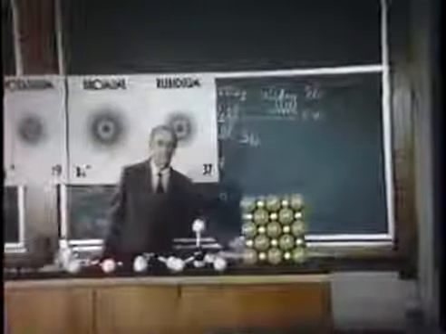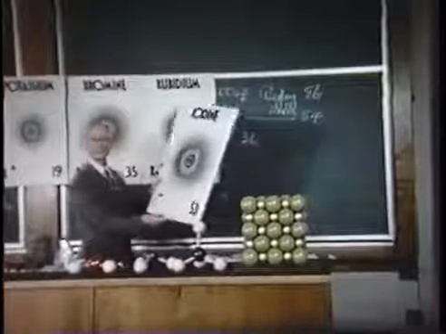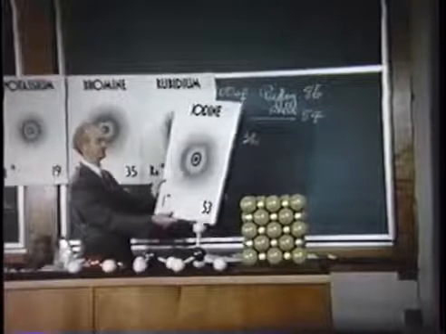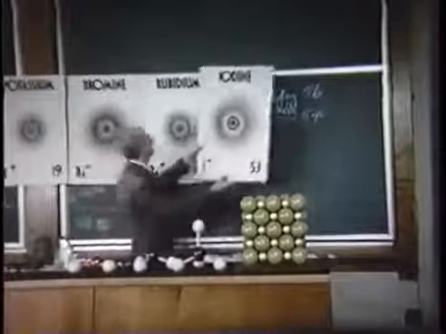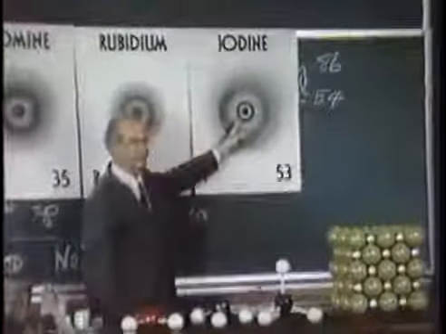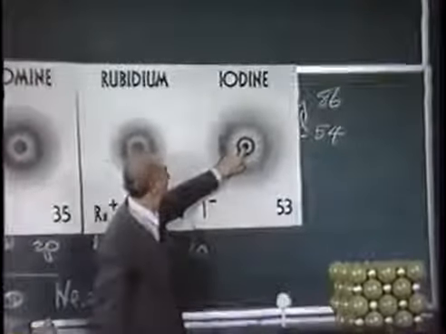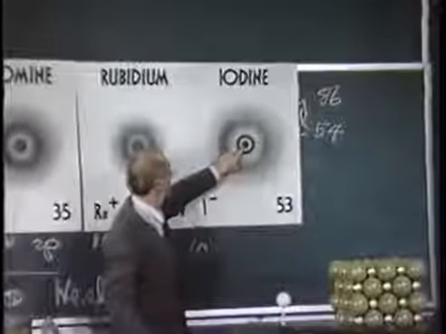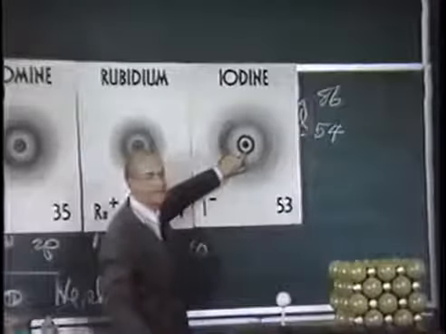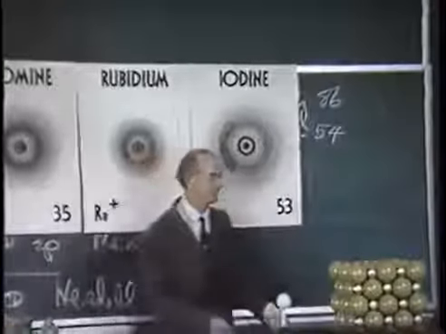The element iodine, with atomic number 53, is just 1 short of xenon. It can pick up 1 electron, getting 54 electrons, and its electronic structure is as shown here. 2 K electrons very close to the nucleus, then 8 electrons in the neon shell, 8 in the argon shell, 18 in the krypton shell, and 18 in the xenon shell.